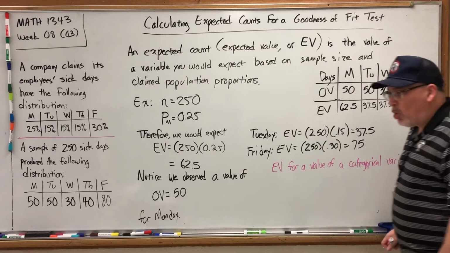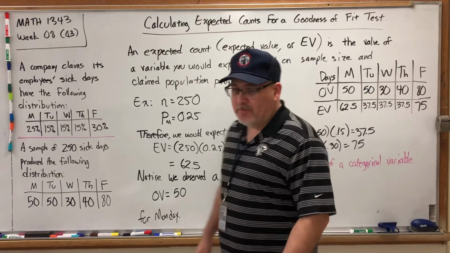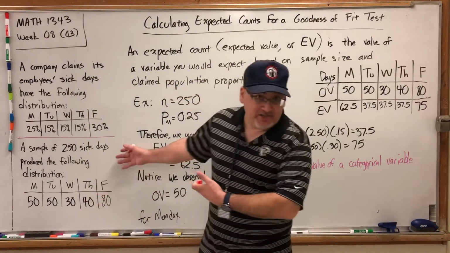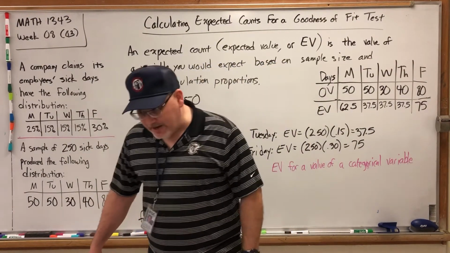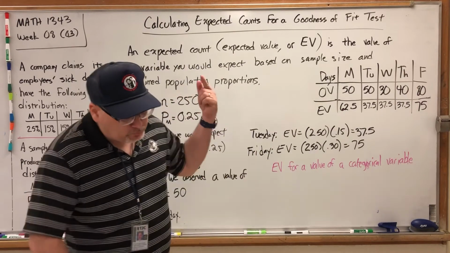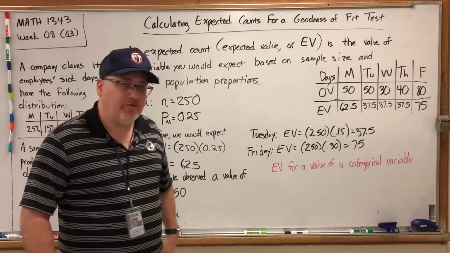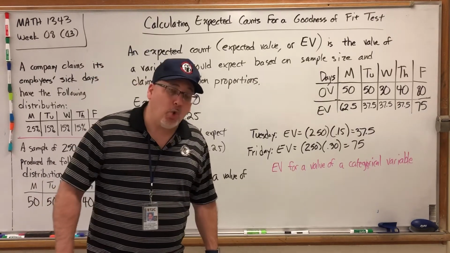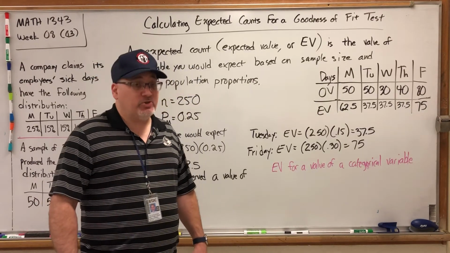Just a reminder, a quantitative variable is a variable that measures a quantity. How tall are you? How many sick days are used on a particular day? How many pets do you have? How many times have you been married? Stuff like that. Whereas a categorical or a qualitative variable measures a quality.